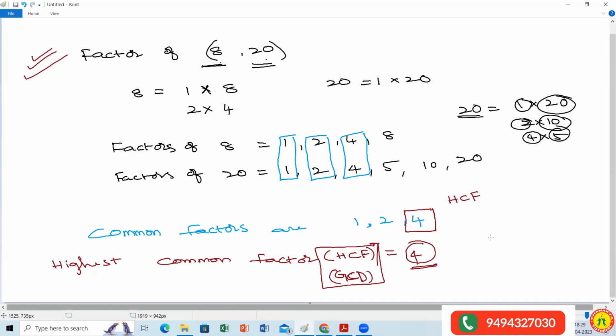But if the numbers are very big, like 225 and 540, is it easy to write all the factors? For small numbers you know the tables from 1 to 20, so you can write them. But if I give 225, is it easy to find which table it is divisible by? There is another method for us. This is the method of finding common factors, and from that we find the highest common.